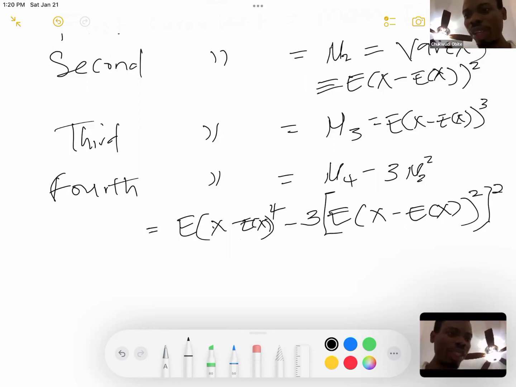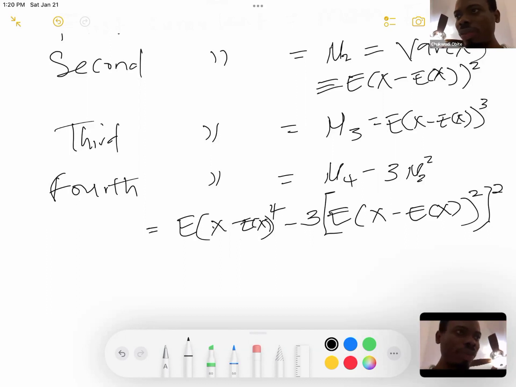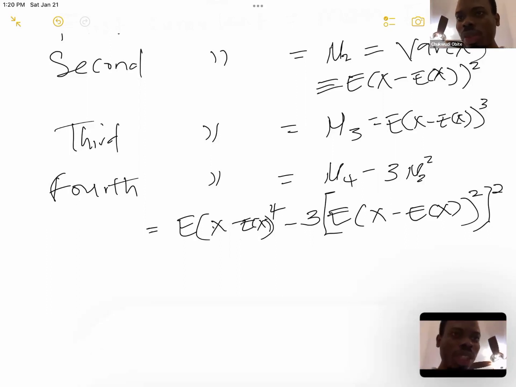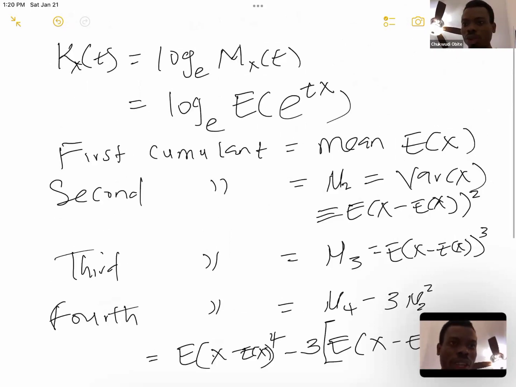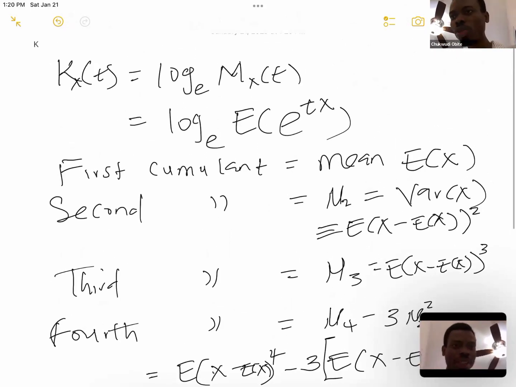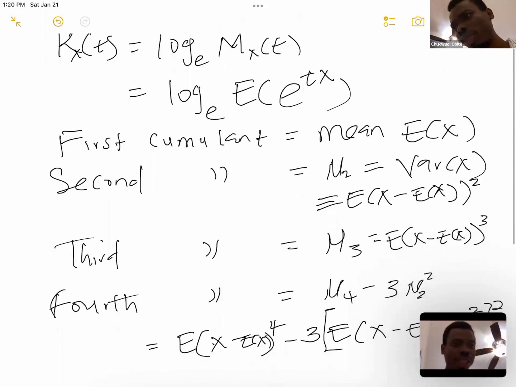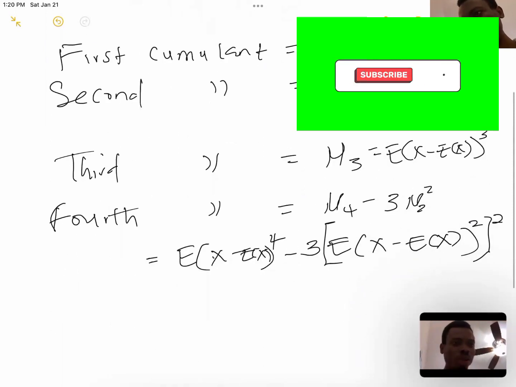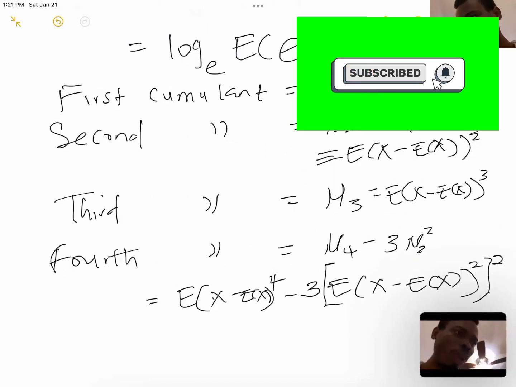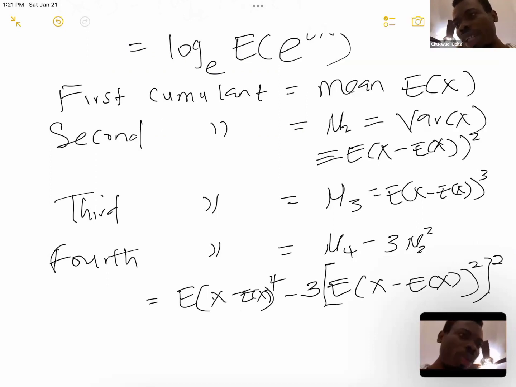So I've written the first cumulant, the second cumulant, third cumulant, fourth cumulant. And you can see that the first cumulant is similar to the mean, which is the first moment about its origin. The second cumulant is similar to the second moment about its mean, which is the variance.